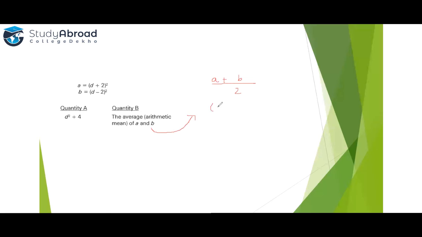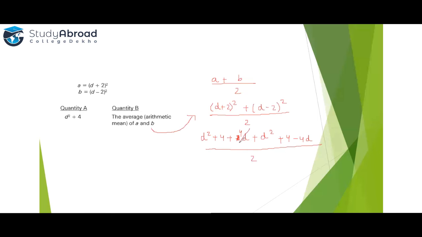So (D plus 2) whole square plus (D minus 2) whole square, divided by 2. (D plus 2) whole square is D square plus 4 plus 4D, plus D square plus 4 minus 4D, divided by 2.